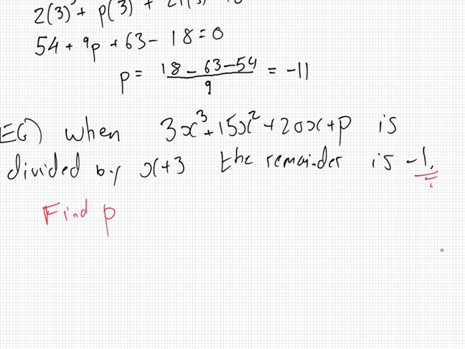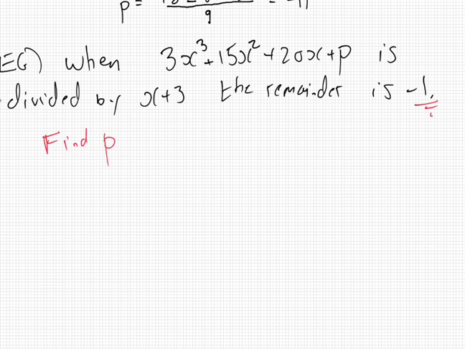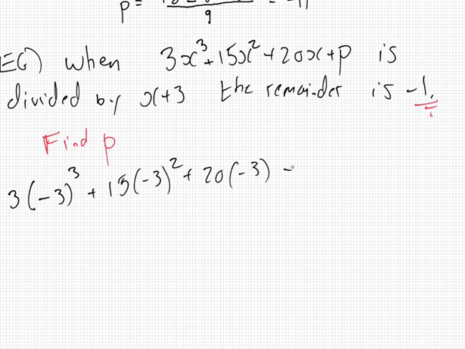P is 5? Yeah. So what you should have is x equals minus 3. Now what do I put in for x? Minus 3, yeah. 3 times minus 3 cubed plus 15 times minus 3 squared plus 20 times minus 3 plus p should equal minus 1.